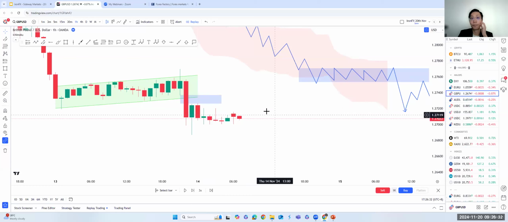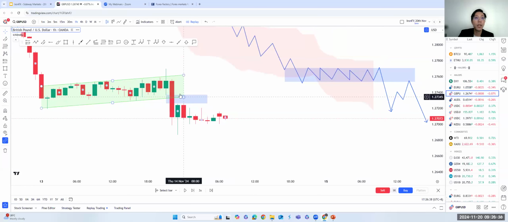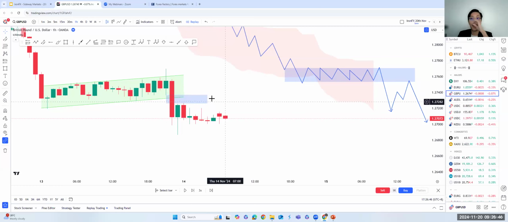That's why if you were to look for either this pullback into this range, you can also see if there are any imbalances, which are fair value gaps, here. So you can be very, what do you call it, what's that word, you can be very versatile.